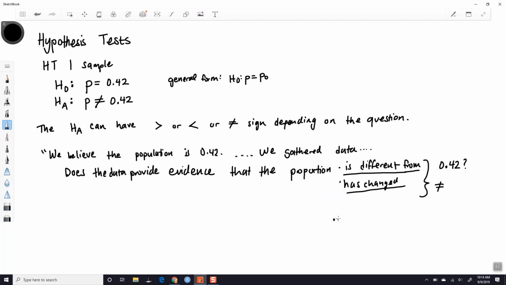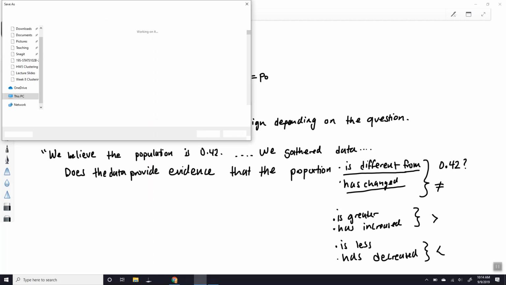On the other hand, if you have something that is greater than, has increased, stuff along those lines, you would use larger. If it is less, has decreased, anything indicating something like that, we might choose a less than sign.